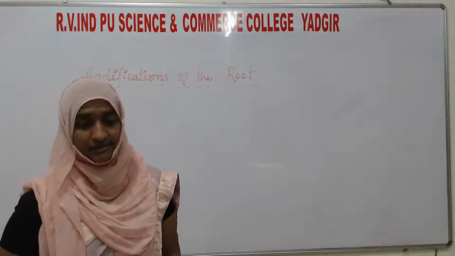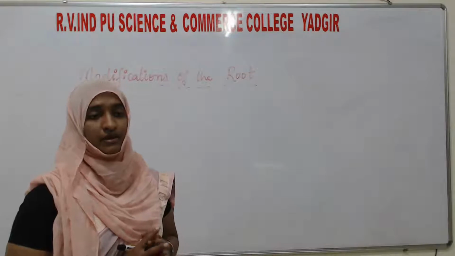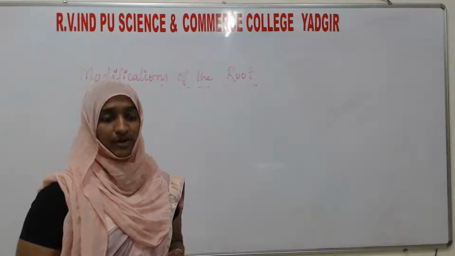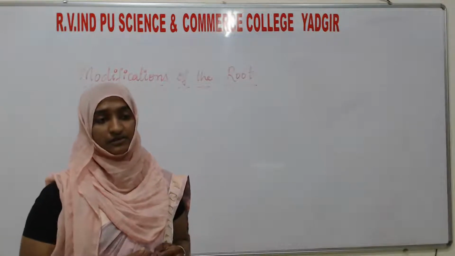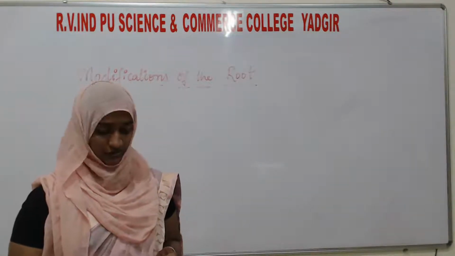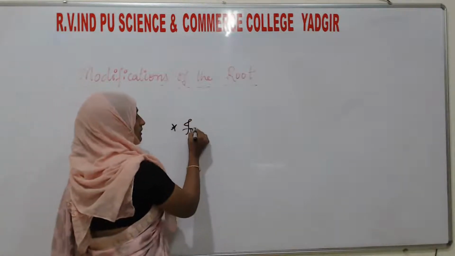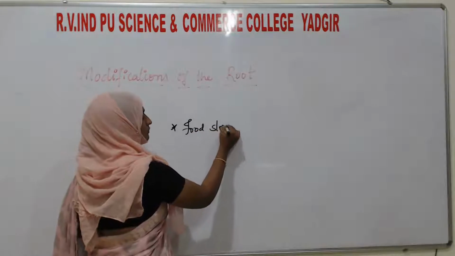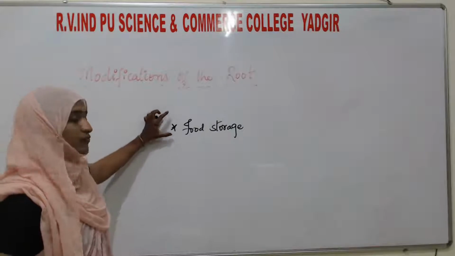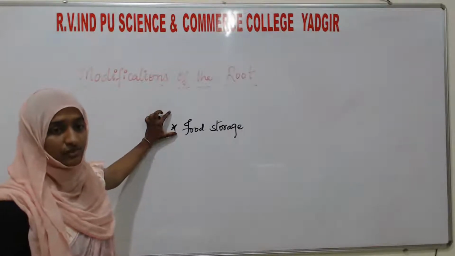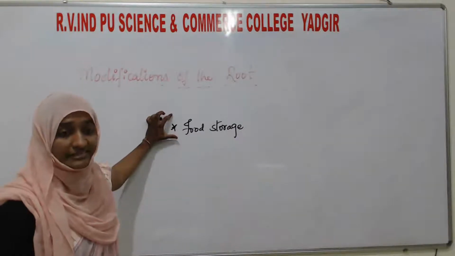Yesterday we had discussed certain functions of the roots, such as absorption of water and minerals, food storage, and providing mechanical support to the plant. These all things we had studied. In those functions, one function is very important. That is, root is meant for food storage. If we focus on this function, we can see some modification in the plant.